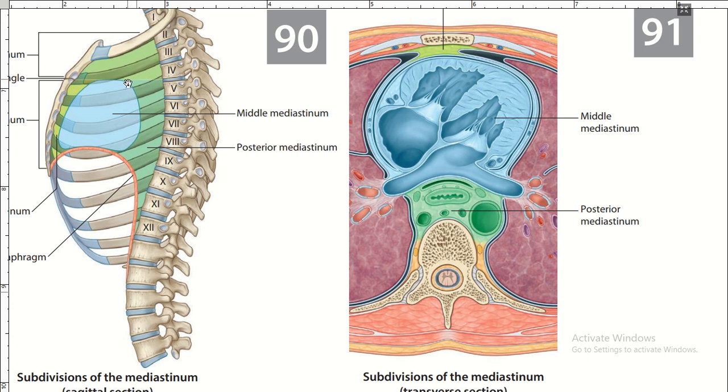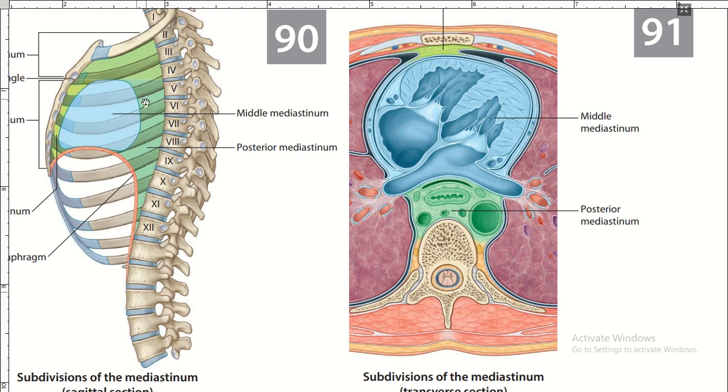Superiorly, you're going to have that imaginary line that crosses the sternal angle and the lower border of T4. Inferiorly, you can appreciate your diaphragm right here. And posteriorly, we said you're going to have the lower thoracic vertebrae from T4 to T8. So this is your posterior mediastinum.